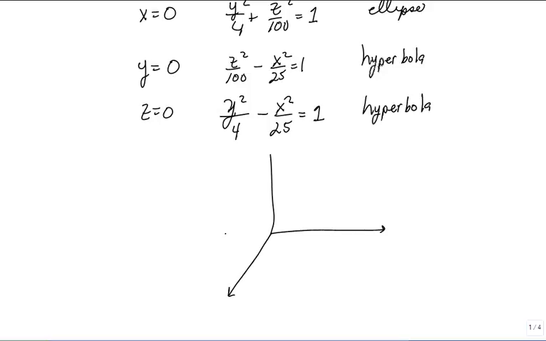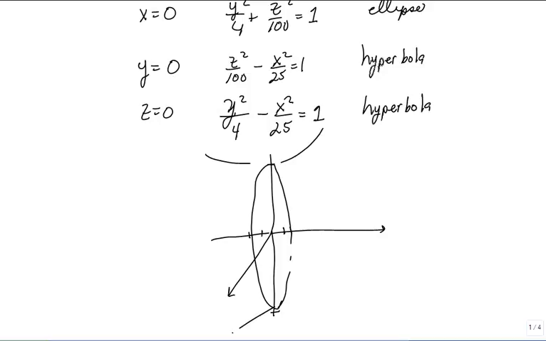Okay, we have an ellipse. On the y-axis, it's 2. On the z-axis, it's 10. Let's put it down so it's kind of skinny. In the xz plane, we have a hyperbola on the z-axis, and that's going to kind of go like that.